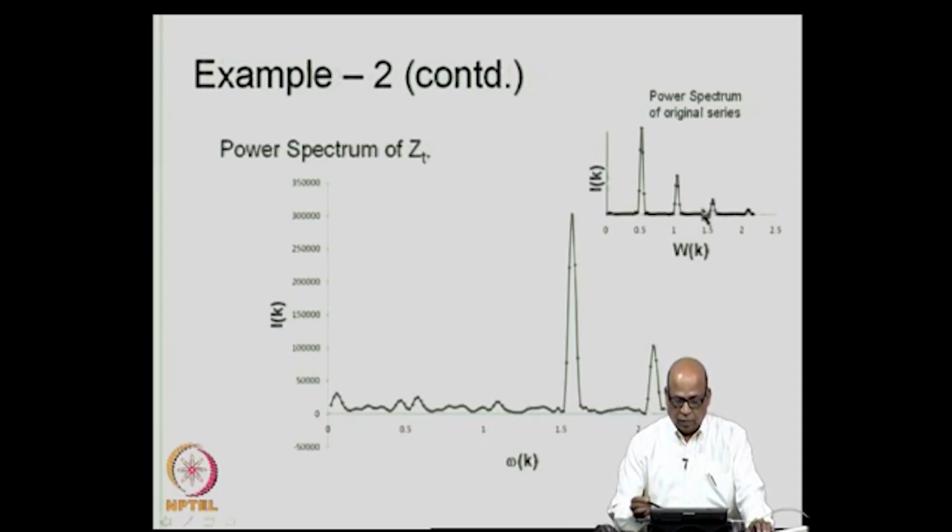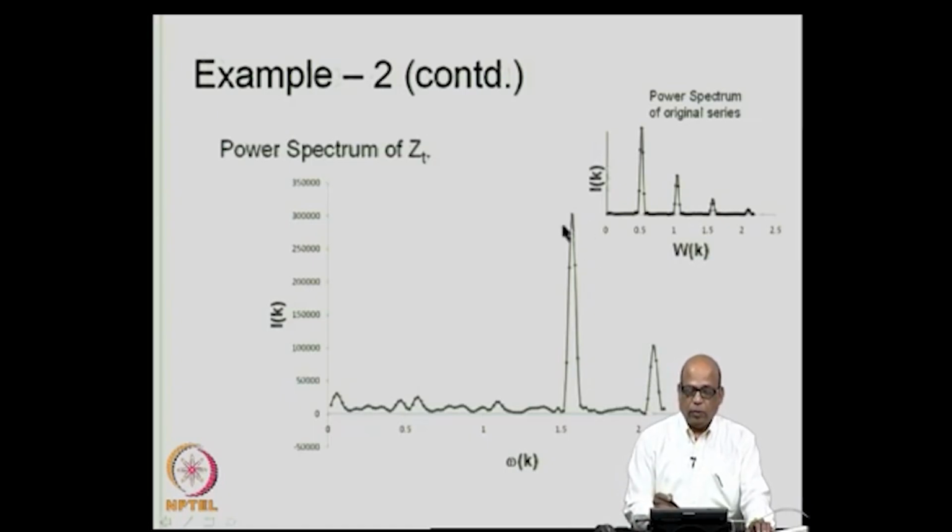The third peak, which occurred somewhere around 1.56, becomes prominent now. So the effect of the transformation was to remove the earlier periodicities and bring the other periodicities to the fore. So these two become prominent now.